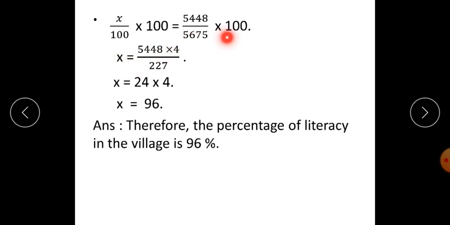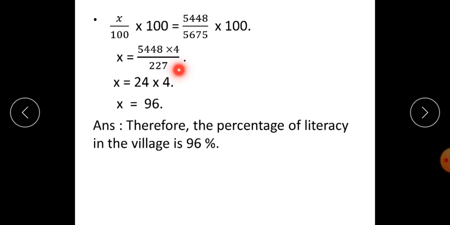And now, 100 and 5,675 both are divisible by 25, and we get 4 and 227 when we divide both these numbers by 25. Therefore, x is equal to 5,448 multiplied by 4 upon 227.